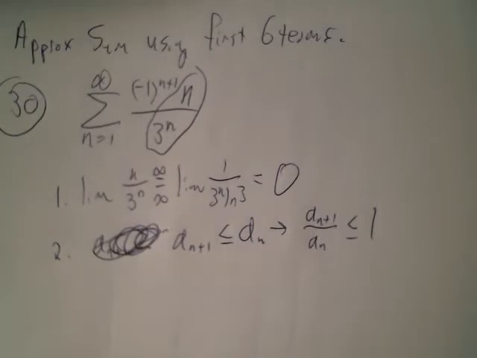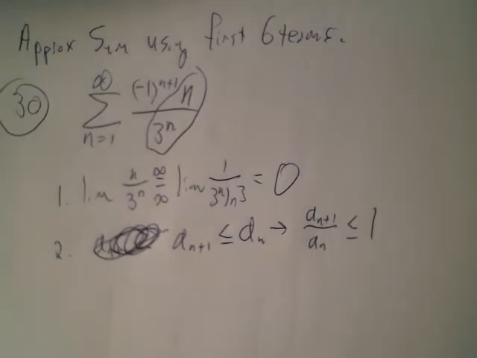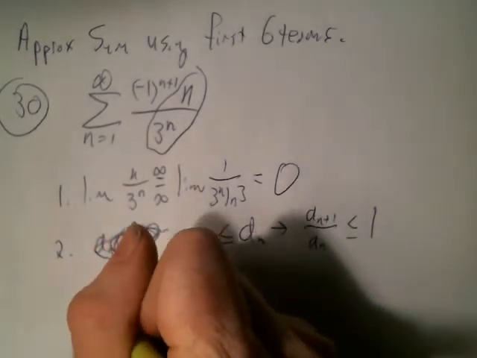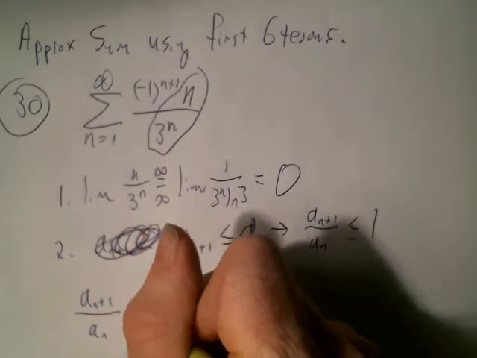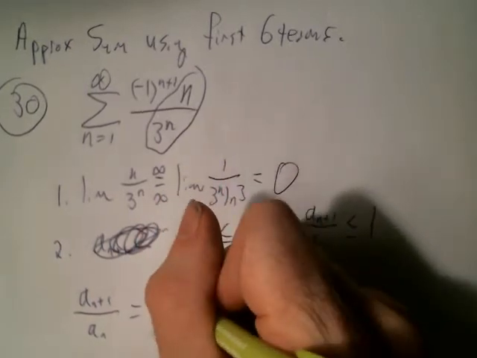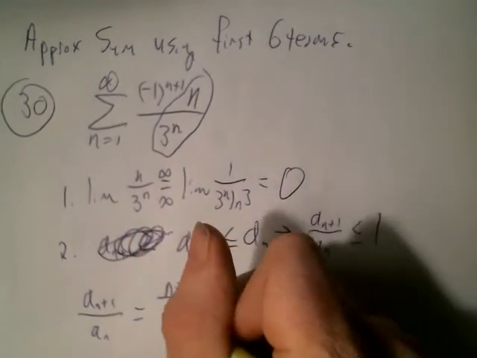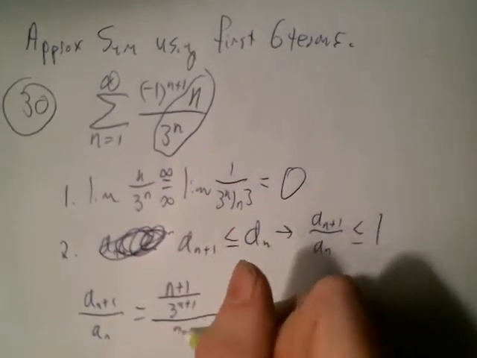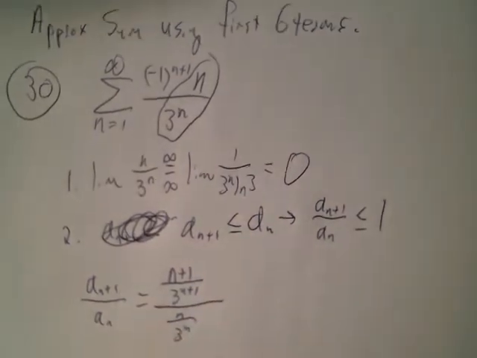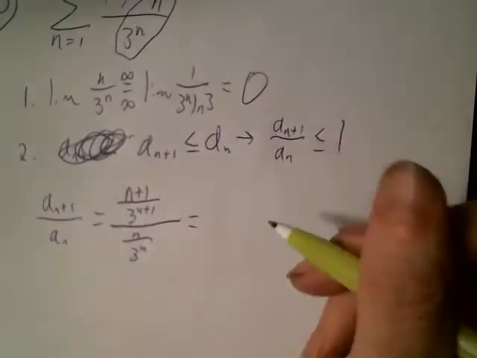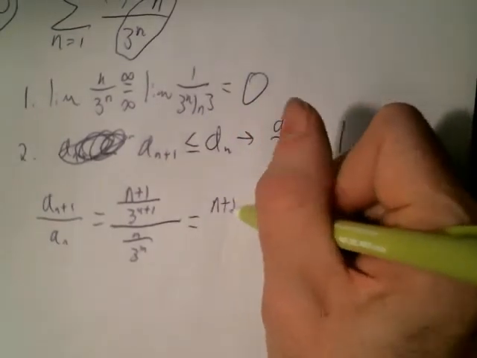So I need to prove that, and in order to do that, I need to make this ratio, a sub n plus 1 all over a sub n. For a sub n plus 1, I'm plugging n plus 1 into this expression, so I have n plus 1 all over 3 to the n plus 1. And then that's divided by n all over 3 to the n. I rewrite that as a complex fraction, so I do the reciprocal.